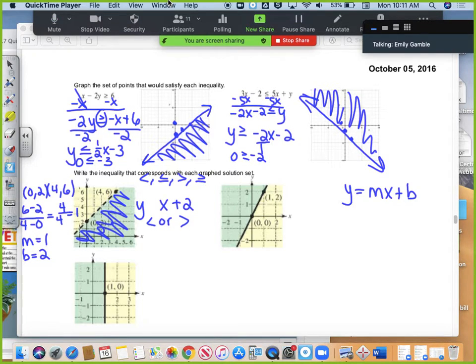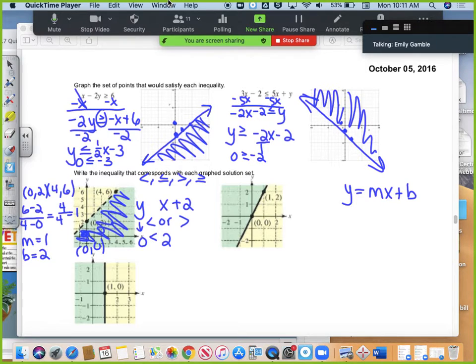So what I would do is use a point to test. I'm going to use 0, 0 again, since 0, 0 is a part of this statement. If I replace y with 0 and x with 0, this will end up being 0 plus 2, which is 2. And we would want a true statement. 0 is blank 2. 0 is less than 2.